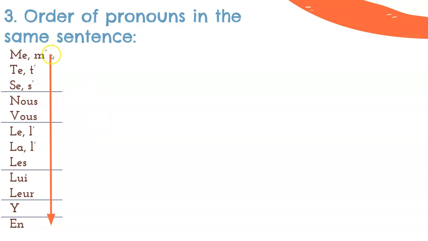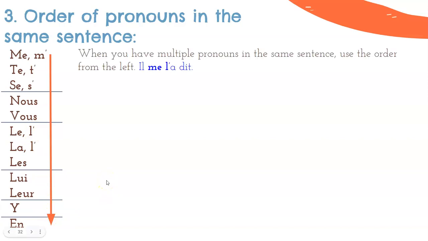So up here you have a chart. This shows you the order throughout the sentence. You have first these pronouns me, te, se, and then nous, vous, le, la, les, lui, leur, y, en. So this is the order that you follow if you have more than one in a sentence. Let's take a look at what I mean. If you have multiple pronouns, you're going to use this order.